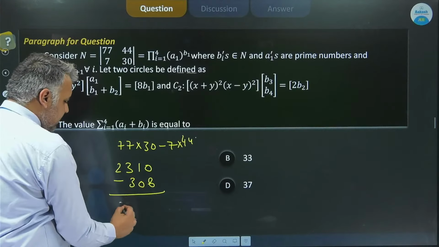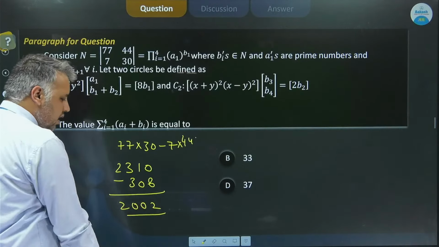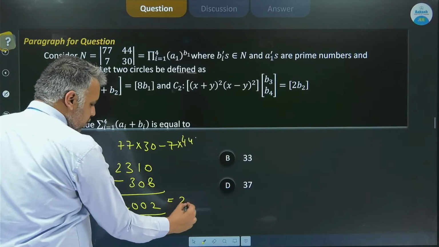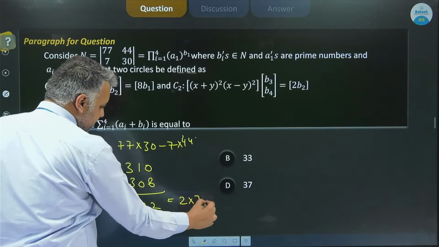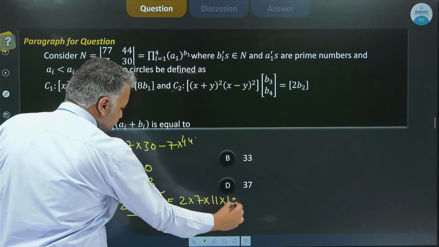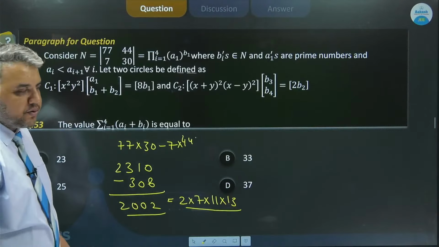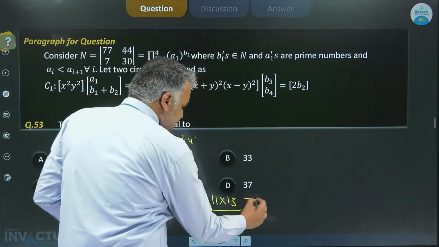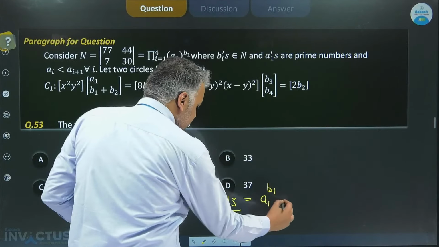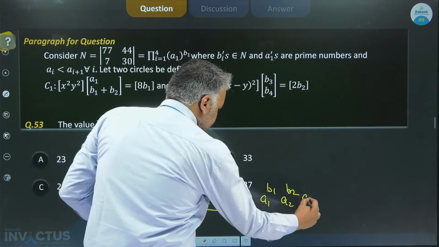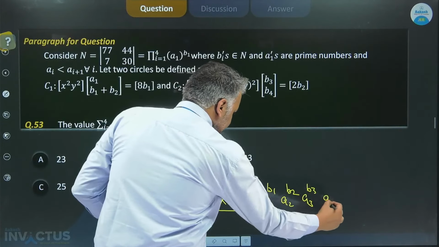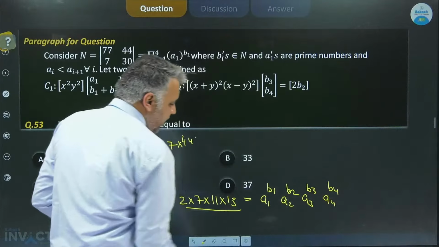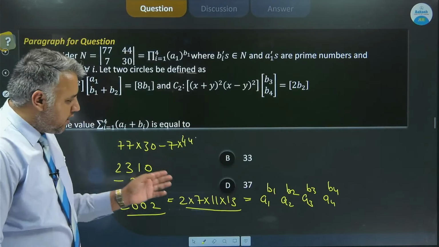So if we subtract this, this will be 2002, which can be expressed as 2 into 7 into 11 into 13, 2002. And we are saying that this is nothing but A1 power B1, A2 power B2, A3 power B3, and A4 power B4. So A1, A2, A3, A4 are prime numbers and in increasing order.